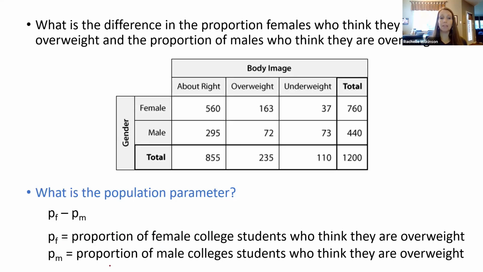And PM is going to be the proportion of male college students who think they are overweight. And again, it can help if you think about the fact that we're not talking about just the males and females that were in this study, but we're talking about all college students. So all female college students and all male college students when we're talking about the population parameter.